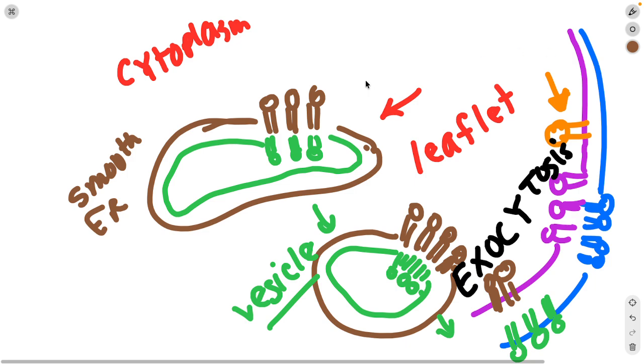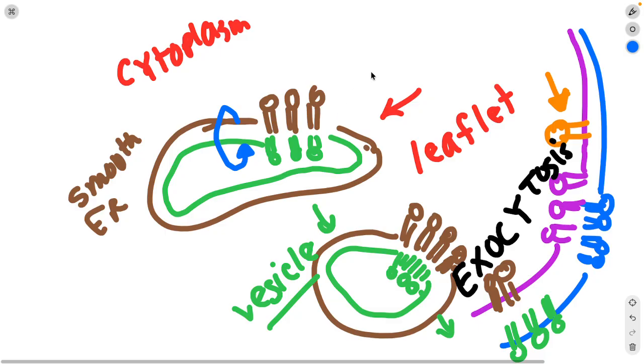And so the newly synthesized phospholipids, they're always on the brown surface. And remember we said that you just never have those naturally switch to the other leaflet, because they have that hydrophilic head, and it's never going to go through the phospholipid.